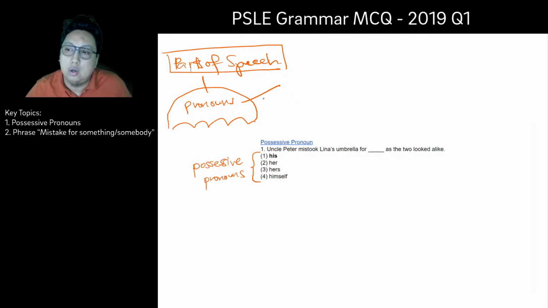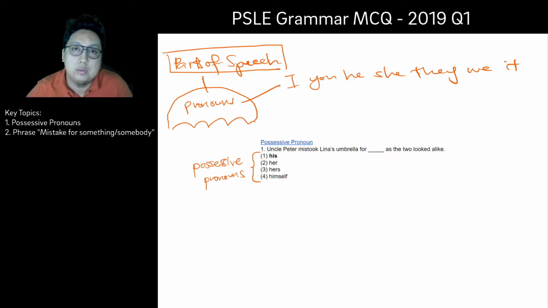The most basic pronouns are I, you, he, she, they, we, it. Pronouns are words that replace names or regular nouns. In this case, possessive pronouns are special because they show belonging or ownership.